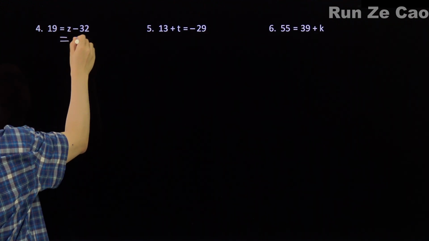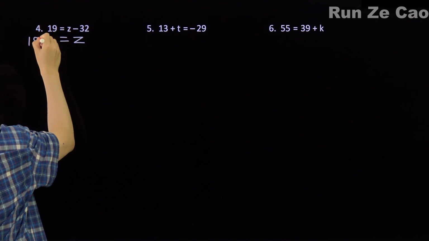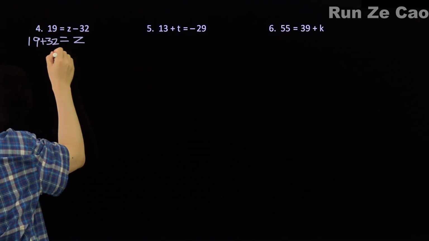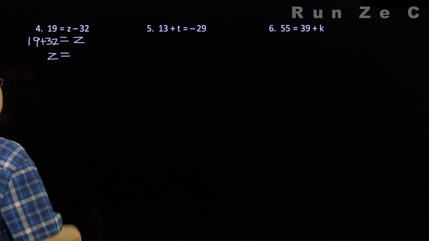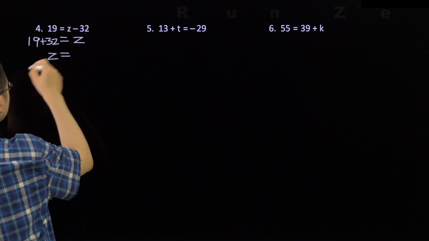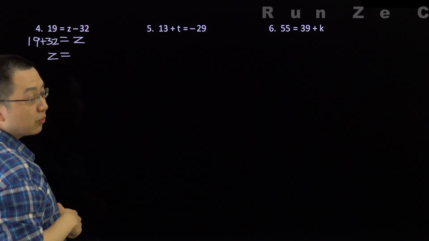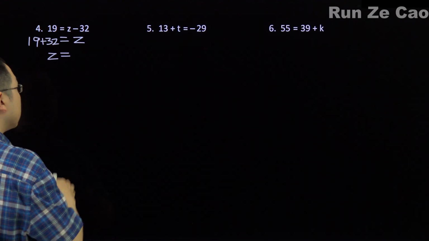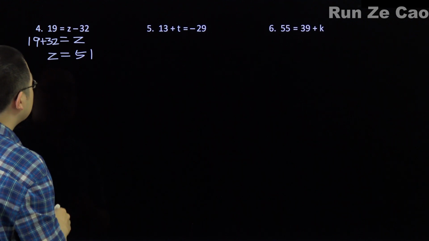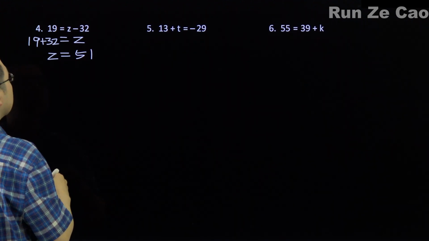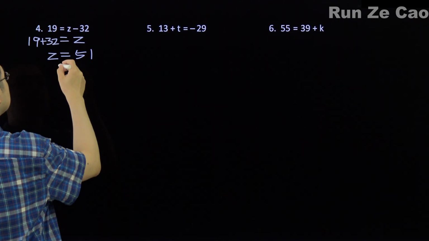So 19 equals z minus 32. So you can go z equals 19 plus 32 and then rearrange on the next step, which would leave you at 32 plus 20 minus 1. So 52 minus 1, 51. Yeah, there are many shortcuts to doing simple addition problems, just saying.